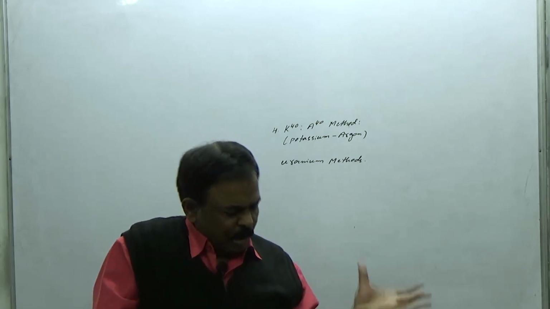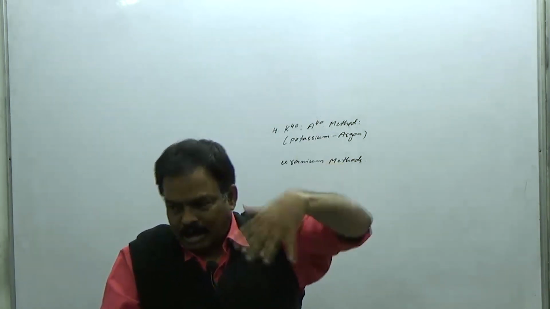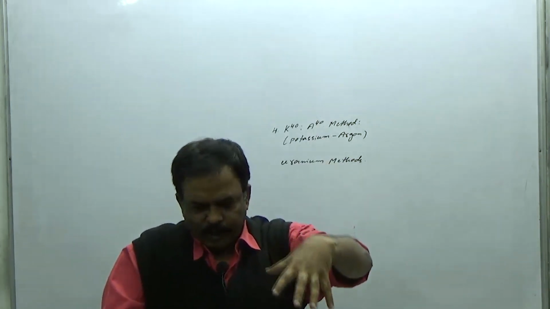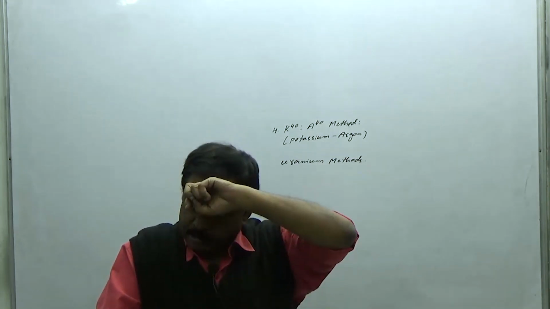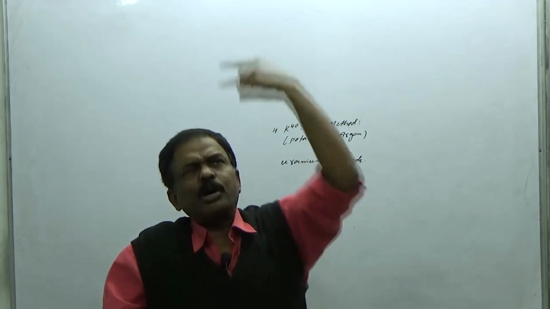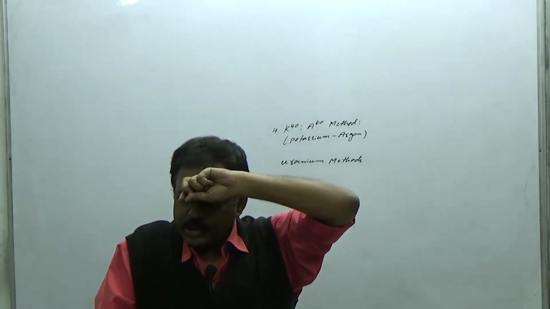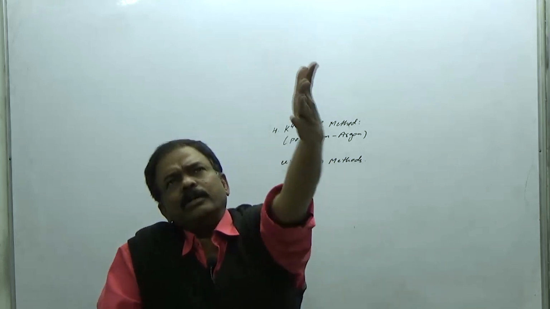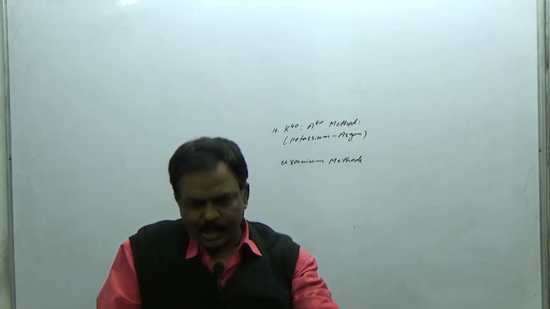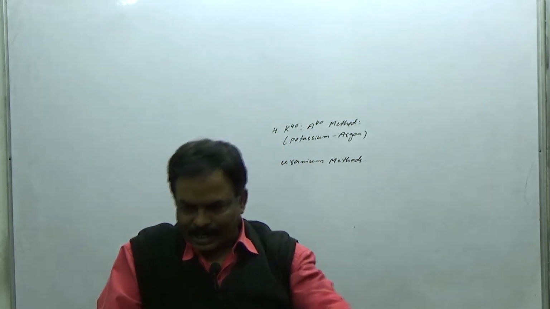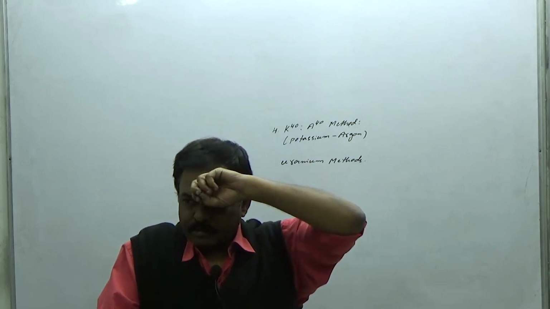When this magma, that molten rock material fluid, is inside the earth, that is known as magma. When it comes out, that is known as lava. When it is exposed to air, then that is lava. When that is inside the earth, the crust, then that is definitely magma.